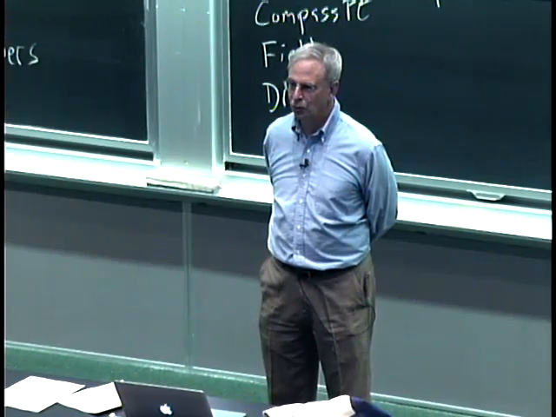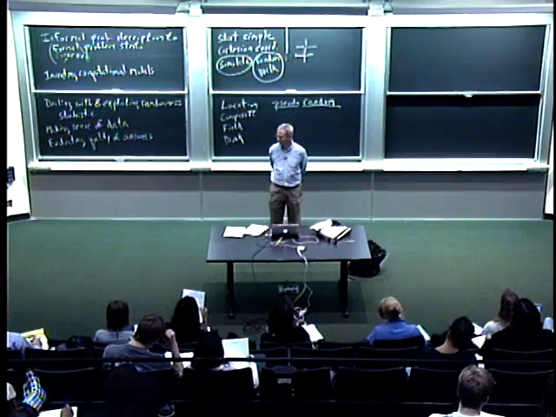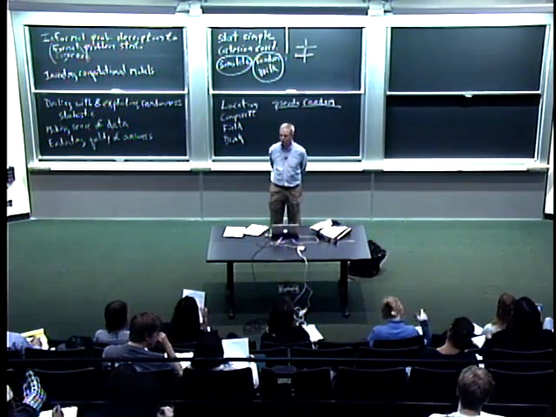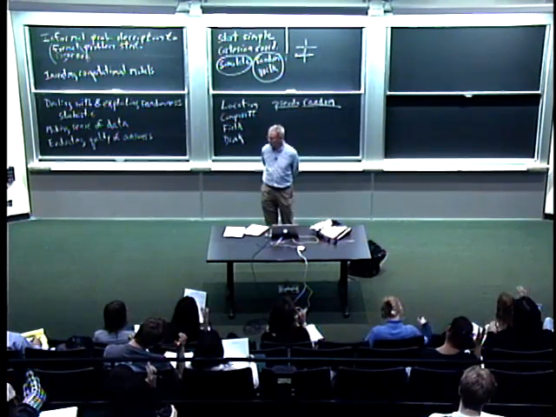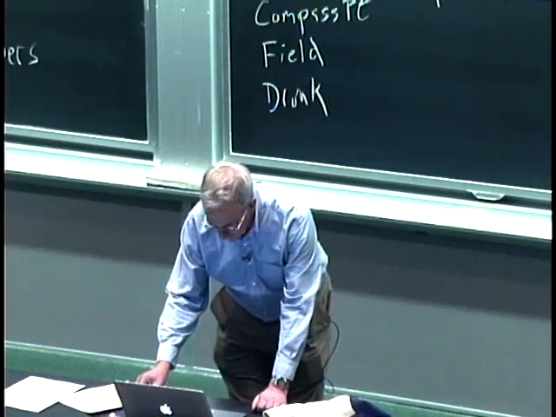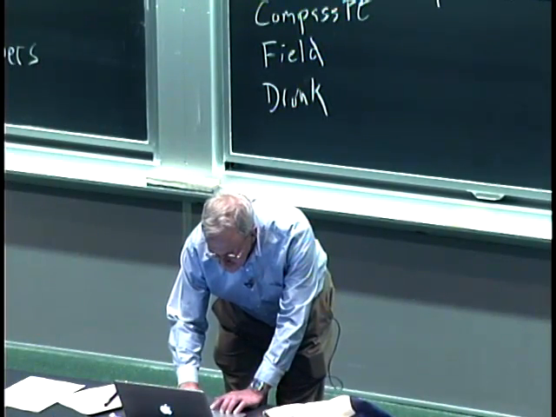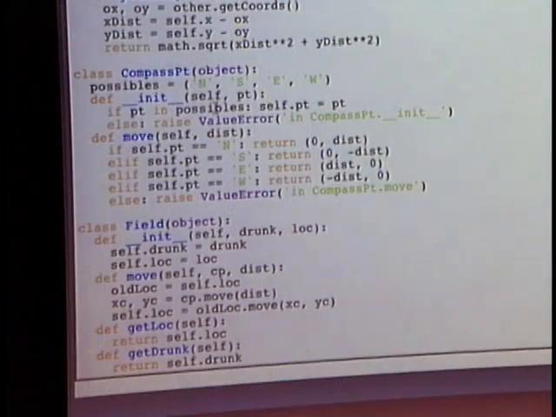Who thinks I need to write self and who thinks I don't? Who thinks I need to write self? Raise your hands. Who thinks I don't need to write self? The don't needs have it. So in an act of intense bravery, since I have not run it without this, we'll see what happens when it comes time to run the program.